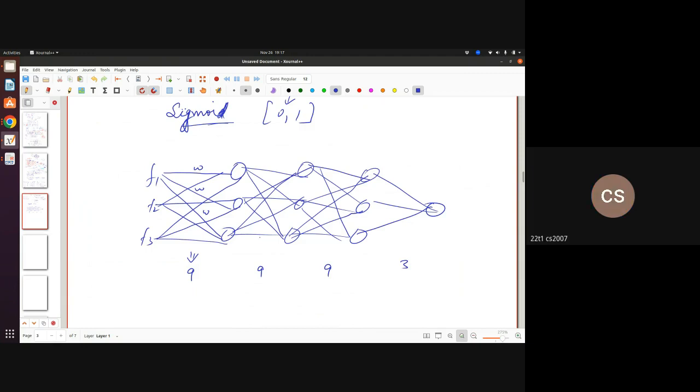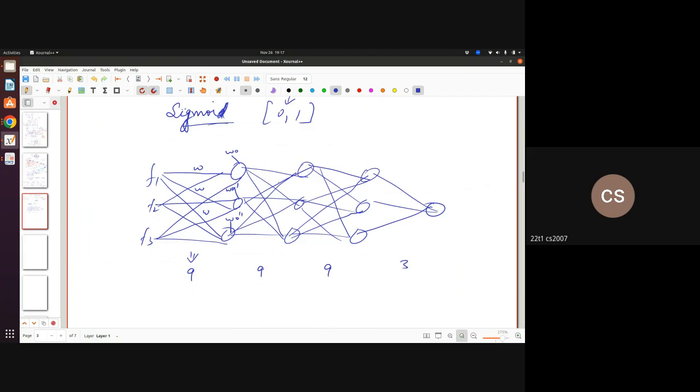We are also told that there is a bias, which means at each neuron there will be one more. That W naught or B that we spoke about. W naught dash, W naught double dash, whatever. I just want to tell that they are different.